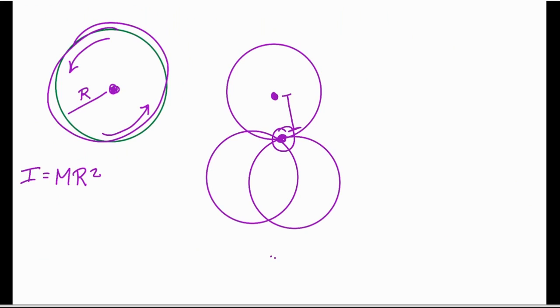So it's going to be whatever my moment of inertia was before, so in this case, I would equal mr squared. And then I would have to add to it this new distance, which also happens to be r. So this would be plus the mass again, but now it's times this new r, because that's how far it's rotating around.